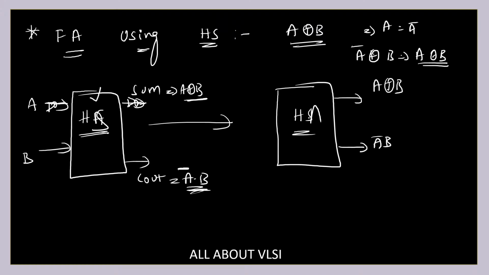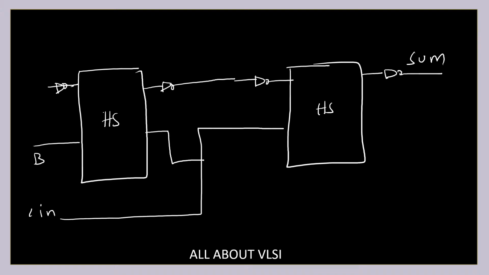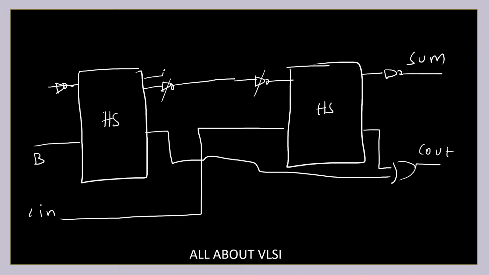I'm implementing a half adder, right? So here I'm going to get my sum, and these two I'm going to have the C out, right? And these two gates will be cancelled out so that it will be a simple plain line. That's it. So this is how you're going to implement a full adder using half subtractor.